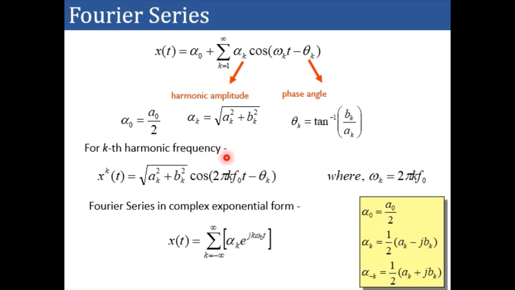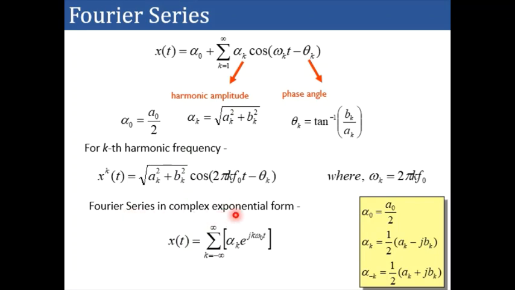So for the kth harmonic frequency, we can write x_k(t) = root of (a_k squared plus b_k squared) cos(omega_k t minus theta_k). Omega_k t can be written as 2 pi k f0 t, so this becomes cos(2 pi k f0 t minus theta_k).